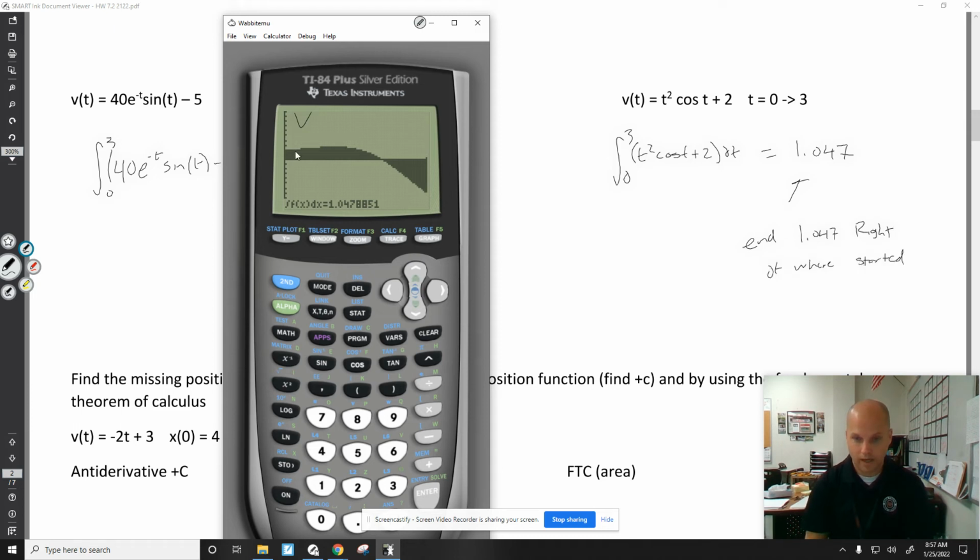Now remember, I go to the right and then I go left and I end up here. Where he starts, I don't know, but I go to the right a bunch. I go to the left some and I end up here after 3 seconds, 1.047 units to the right of where I started.